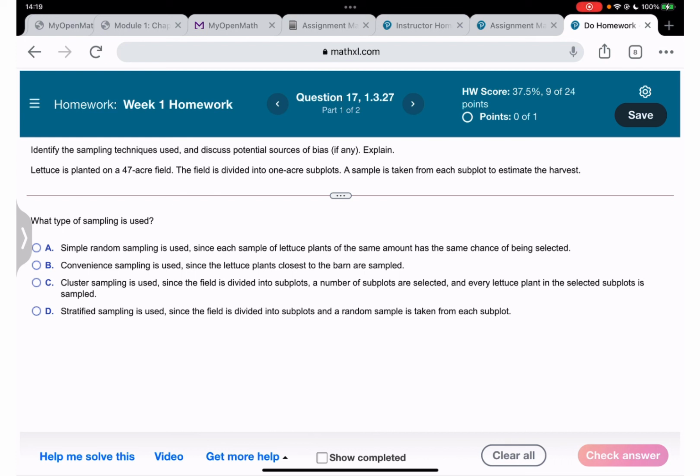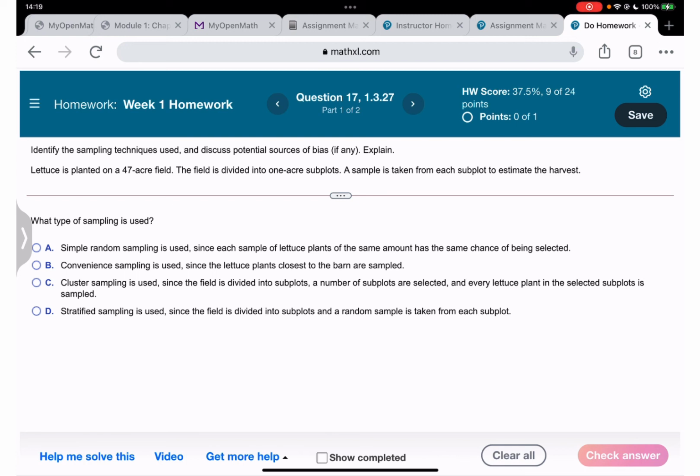For example, I go stand in front of a store and survey anybody who walks into the store, to my convenience. And simple random we already know. I explained to you when you give out numbers to people and then generate random numbers and whoever holds the number will step out for sampling.